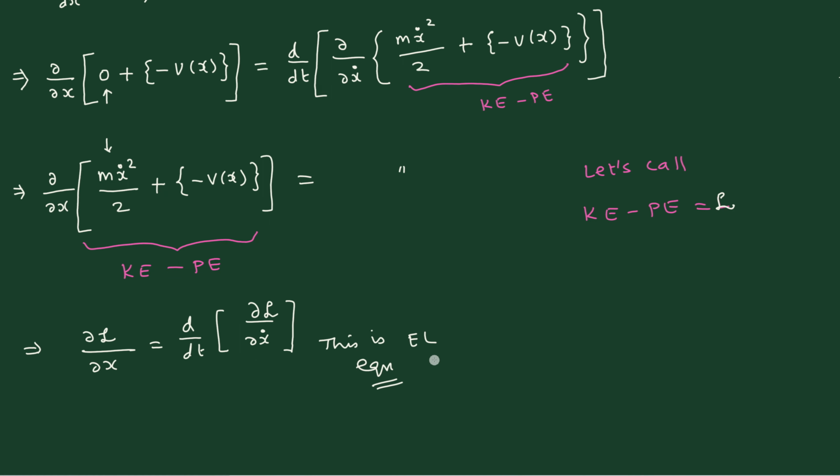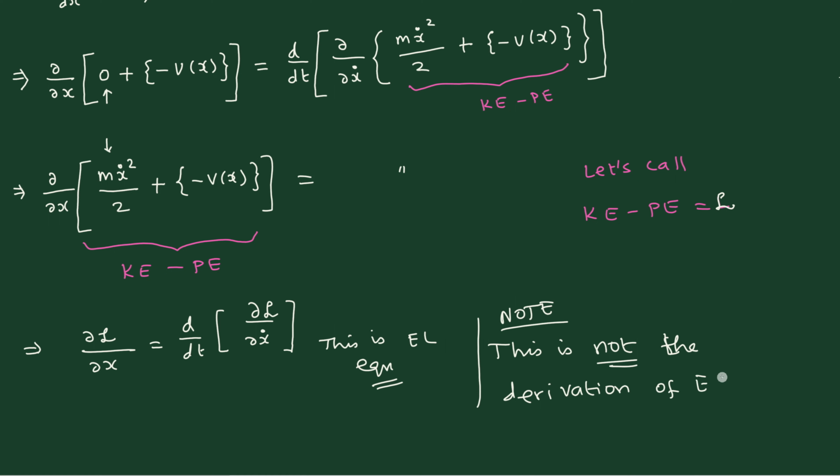What we have done is, we have not done any derivation here. This is very important: this is not the derivation of the Euler-Lagrange equation. Somehow we manipulate. This is basically manipulation of Newton's law, rearranging terms and then bringing it into the form of the Euler-Lagrange equation.